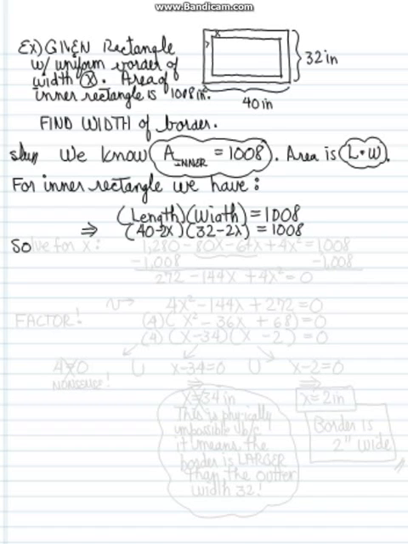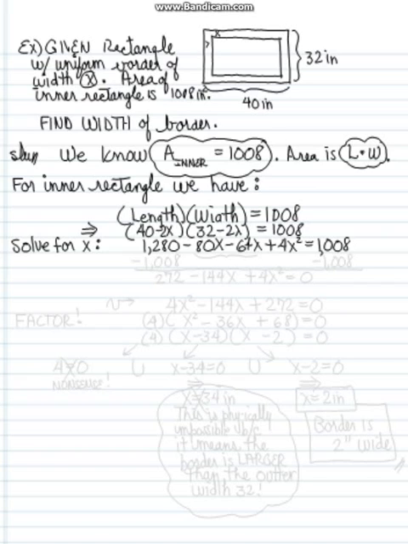We've got 40 minus 2x in the first parenthesis times 32 minus 2x in the second parenthesis equals the area 1,008. Let's solve this equation for x. First, we're going to get rid of the parentheses by foiling: 1,280 minus 80x minus 64x, I'm just foiling, plus 4x squared equals 1,008.